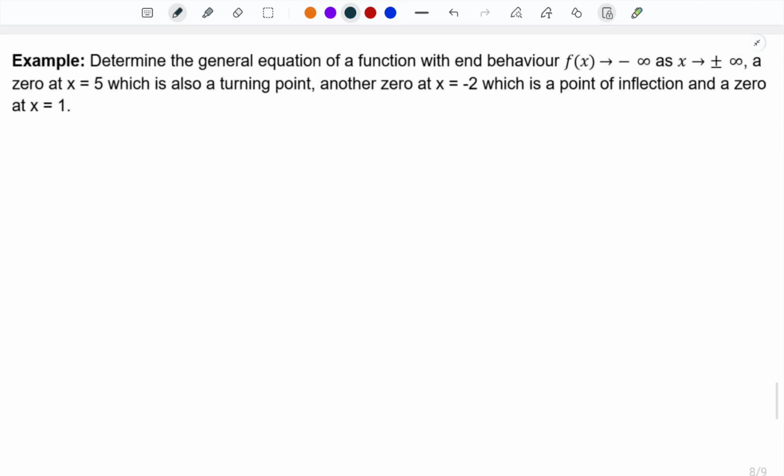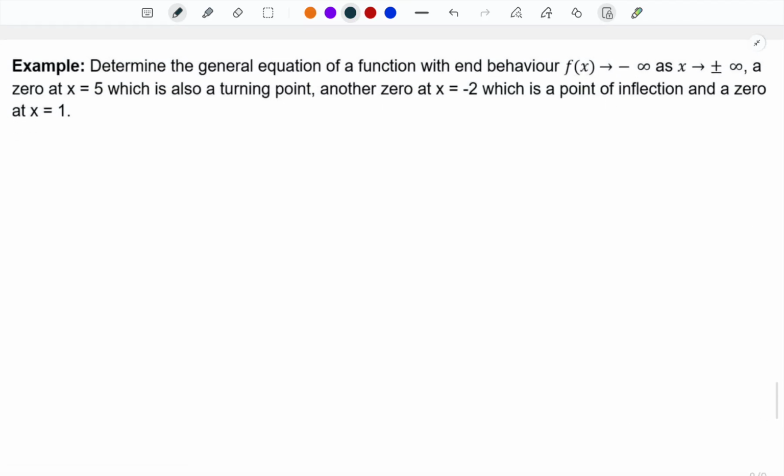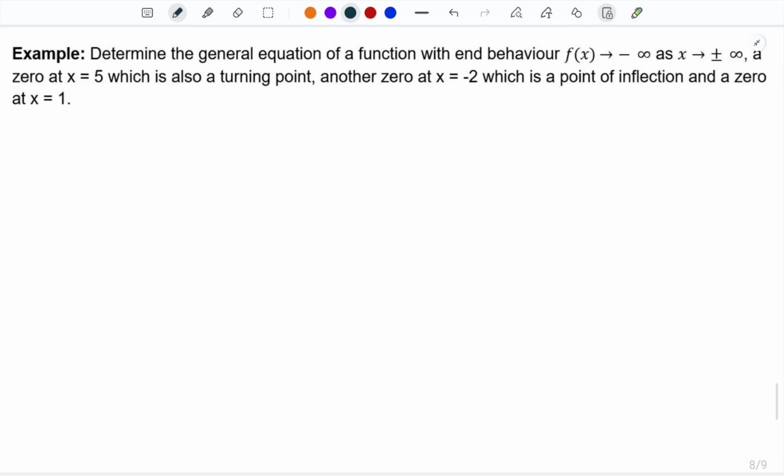Okay, now let's take a look at a couple situations where we have, in a sense, we can call them word problems, where we're given information in words and we're trying to find the equation. So we have an equation with end behavior as f of x goes to -infinity, whether you're going to positive infinity for x or -infinity.